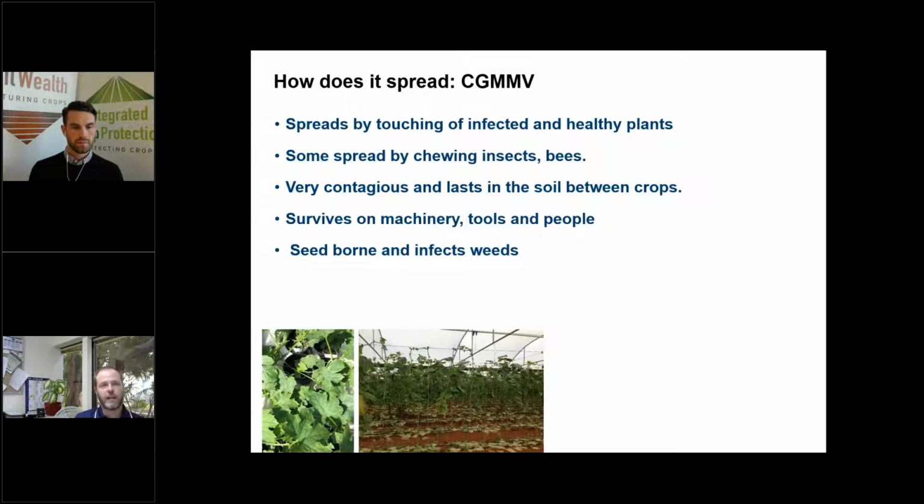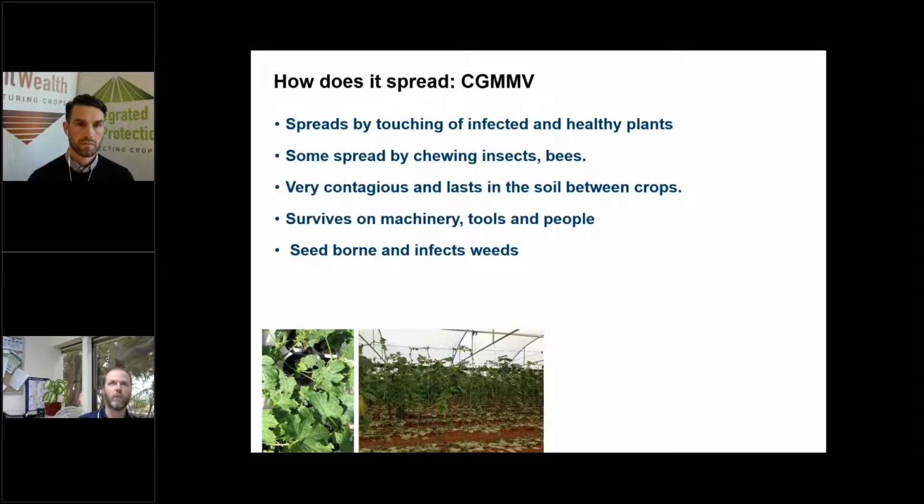It spreads predominantly by touching of infected and healthy plants, and it's very easy to do so. It's probably the easiest virus in plants that moves by touching alone. It copies itself to really, really high numbers in infected plants, so then the smallest amount of abrasion, and cucurbits are already pretty scratchy, lets the virus in, and it can spread really, really quickly from a single plant in a field to 100%. There's been a lot of talk in literature about the spread of it by some of the chewing insects and bees.